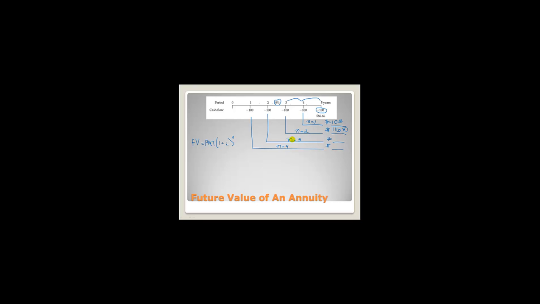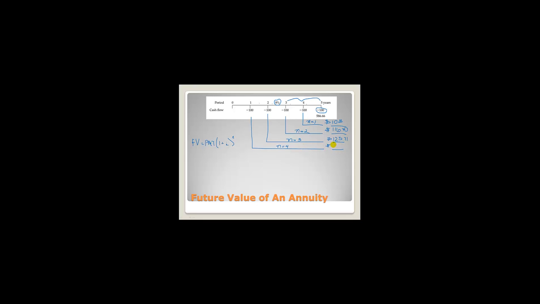Then we look at this third $100, doing the same thing: 1.08 raised to the n equals 3 times 100. That gives us $125.71.